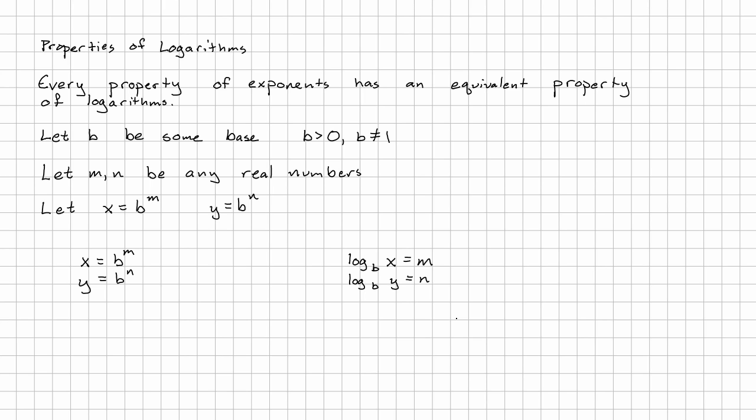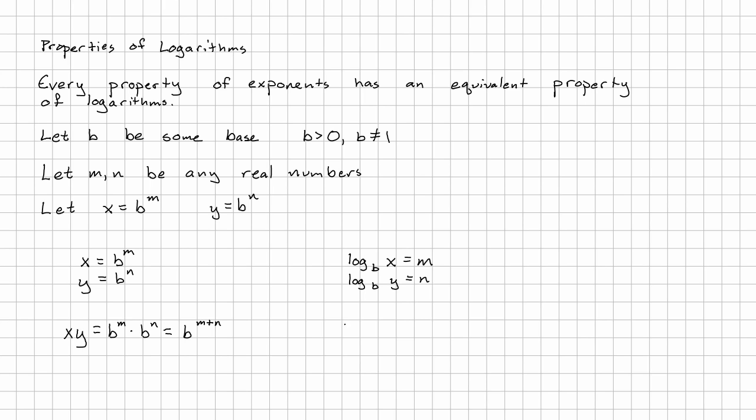Now, one of our rules for exponents tells us what happens when we multiply together two powers of the same base. If we multiply together our x and y, that's b to the m times b to the n. When we multiply together two powers of the same base, we add together the exponents.